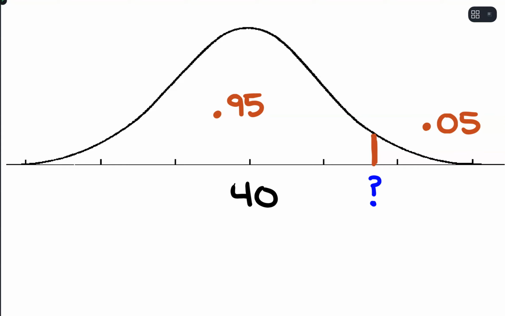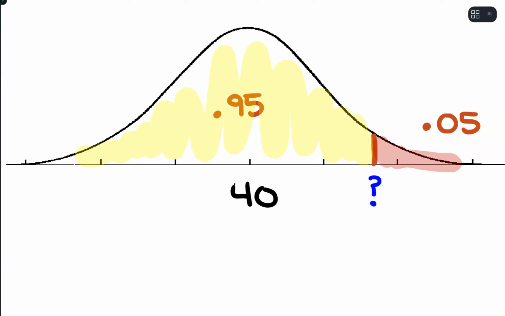And we want to know what is that cutoff value. So they're describing this 5% to the right-hand side, but what we need to use in Excel is the area to the left. So even though all the phrasing is about that highest 5%, it's the same thing to talk about this lowest 95%. So what we're going to do is use the 0.95.